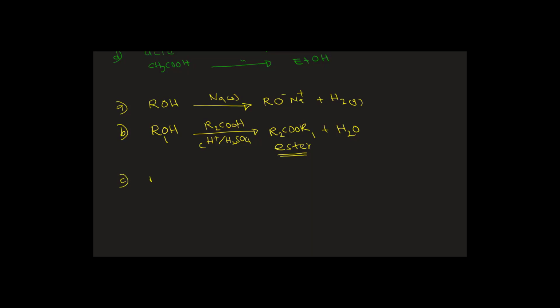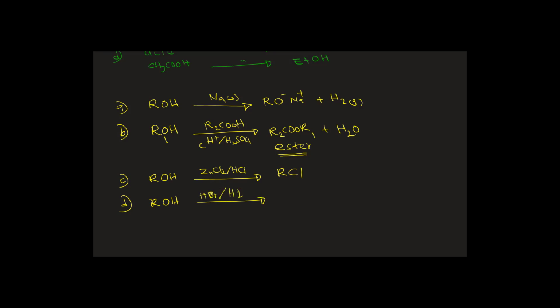So this is a condensation, the Fischer esterification. That's a really important reaction. Okay. The next one, alcohol can also react with zinc chloride in the presence of HCl. So you will get the alkyl halides. So this is another test we use.